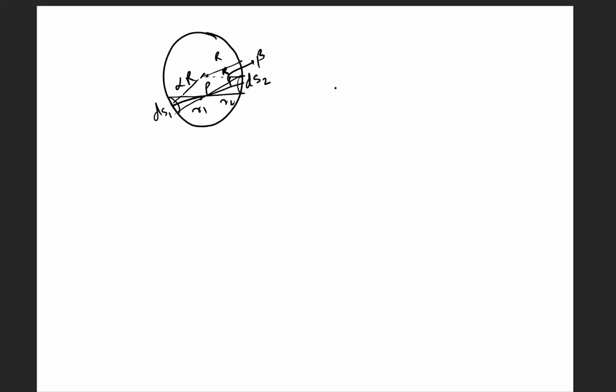So the field at point P will be the density over ds1 by 4 pi r1 square, and since this is vanishingly small, the field will be created in this direction by the charge on ds1, and by the charge on ds2 the field will be created in this direction.